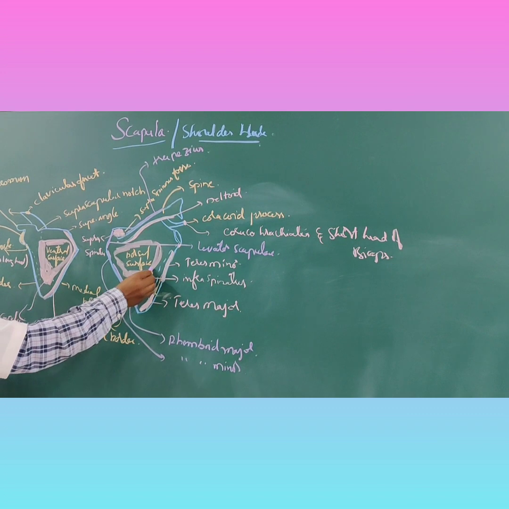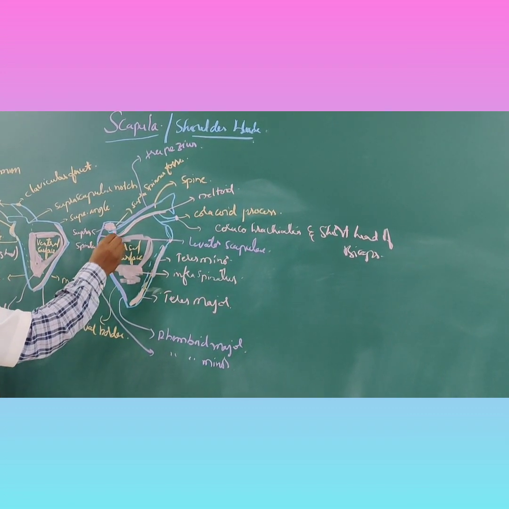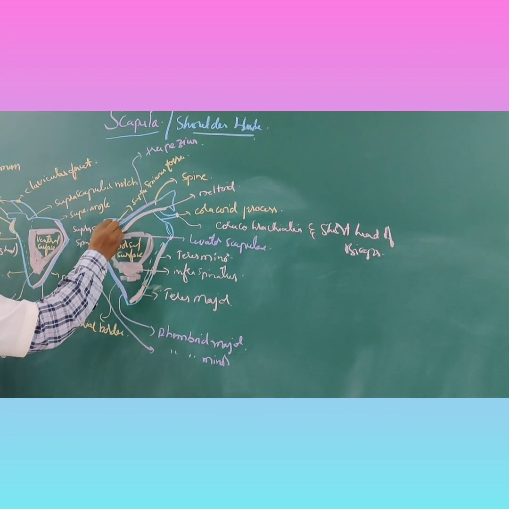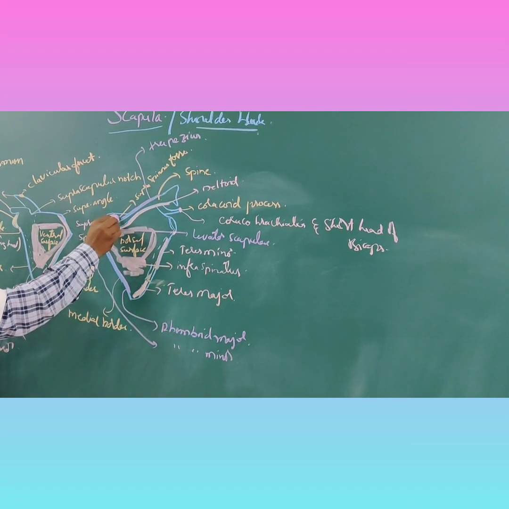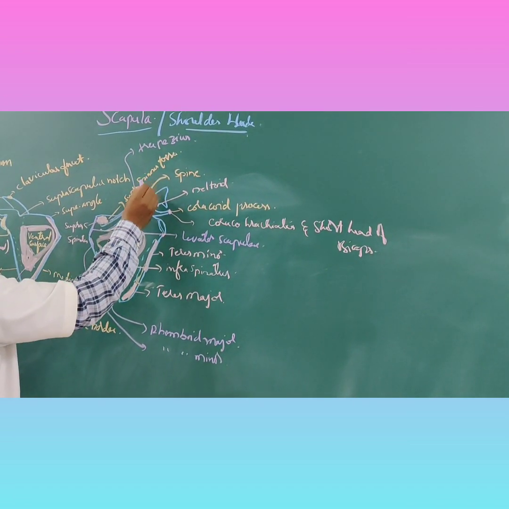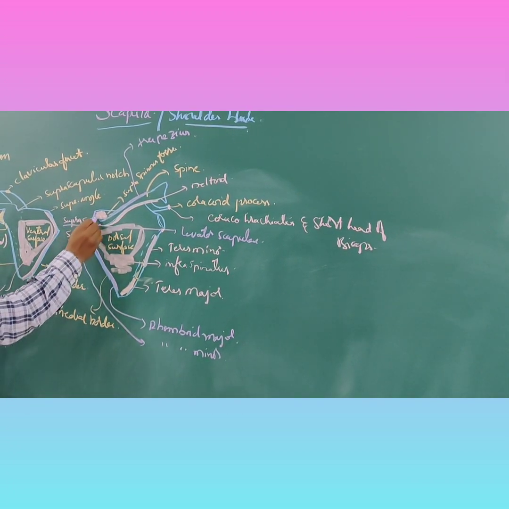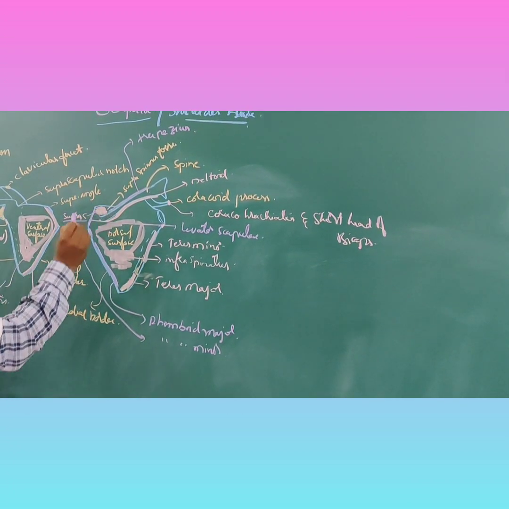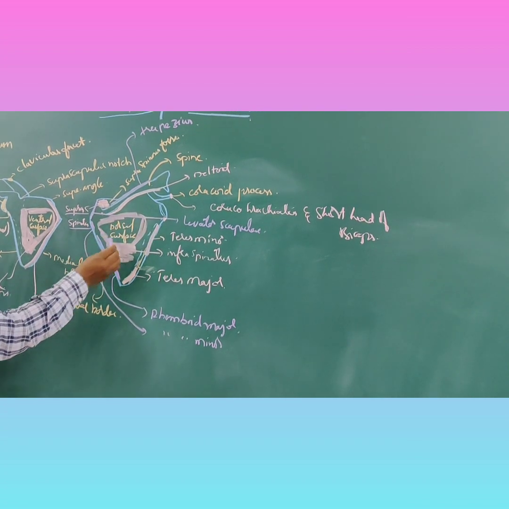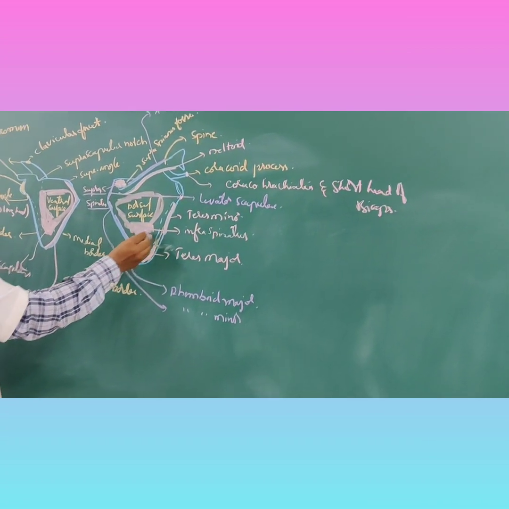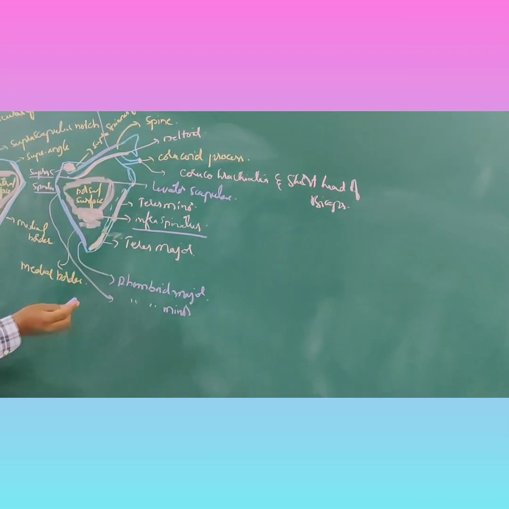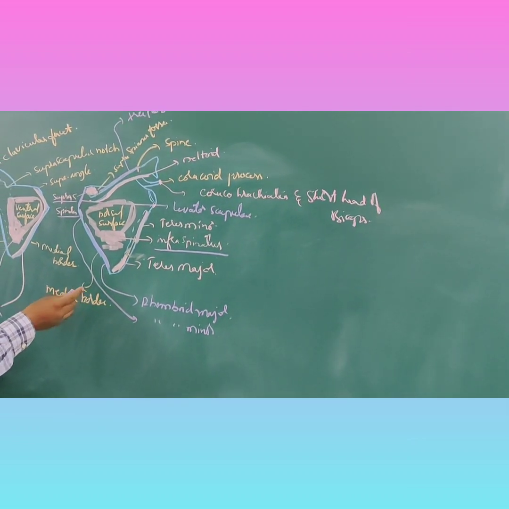On the dorsal surface of the scapula, you have two fossae. Above the spine, you have the supraspinous fossa. Supraspinous fossa gives origin to the supraspinatus muscle. Then the infraspinous fossa on the dorsal surface gives origin to the infraspinatus muscle.